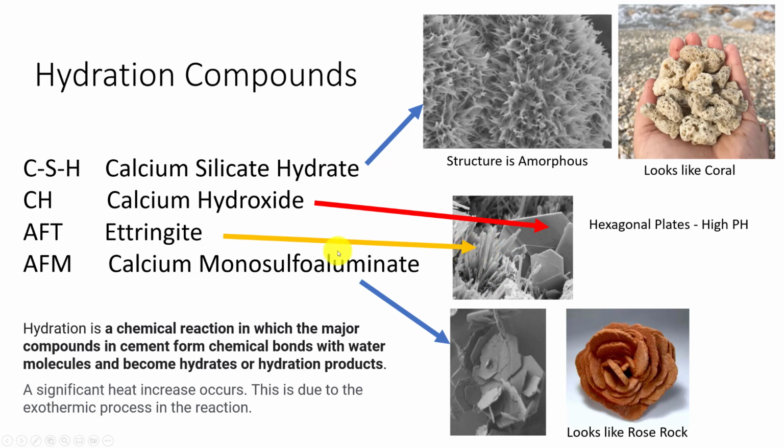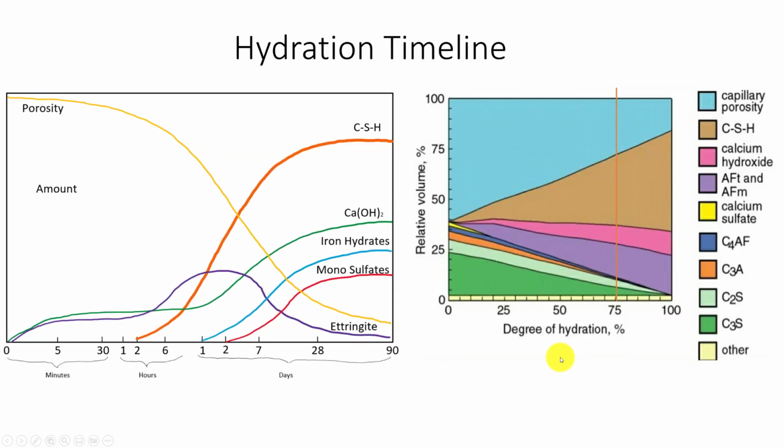What's going to happen over time is that's going to get consumed and become AFM, calcium monosulfoaluminate. That's going to form a structure with little plates organized kind of like a rose rock, and that's our state flower for Oklahoma. So these are the products that are going to form over time.